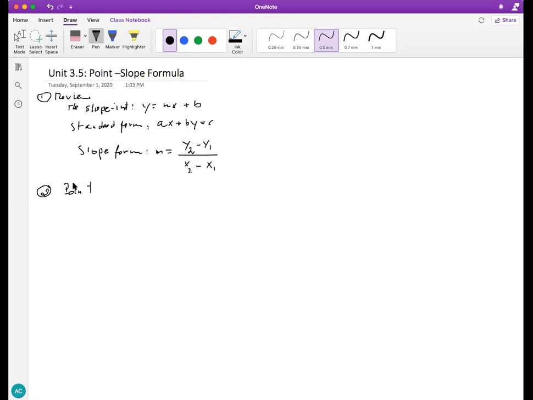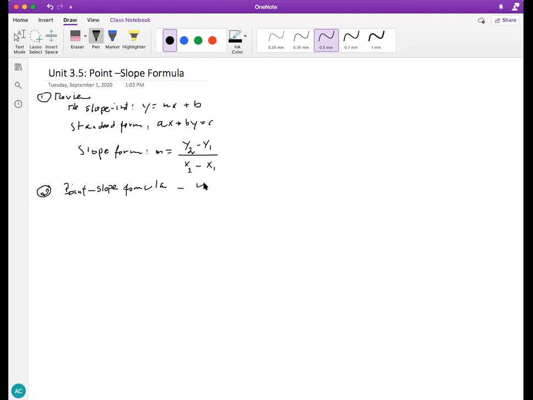So the point-slope formula is just another form, another version of this, basically. And we use that to write equations of a line.